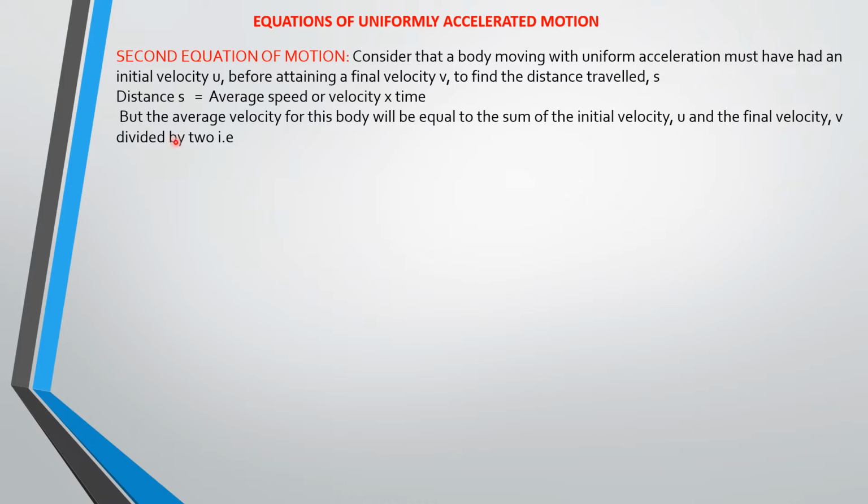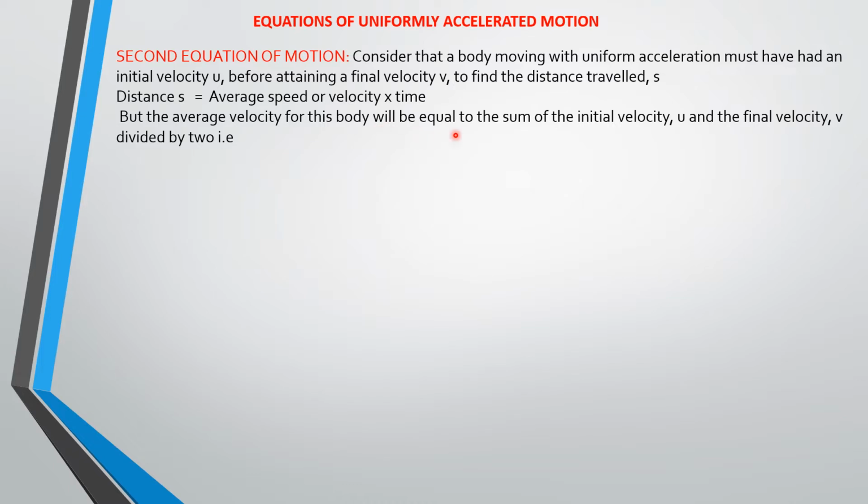So distance is average speed or velocity times time, right? For you to find the average velocity, since you have been given the initial velocity and the final velocity, the average of these two velocities will be the sum of the two velocities divided by 2.